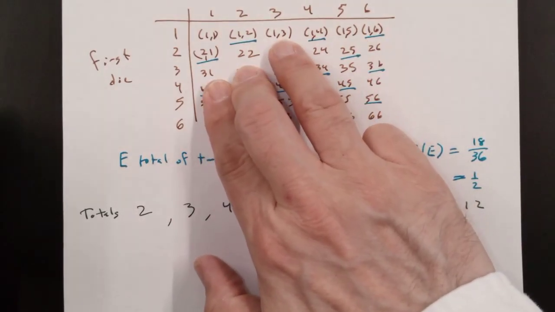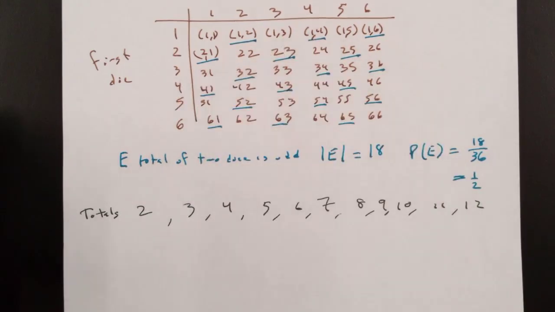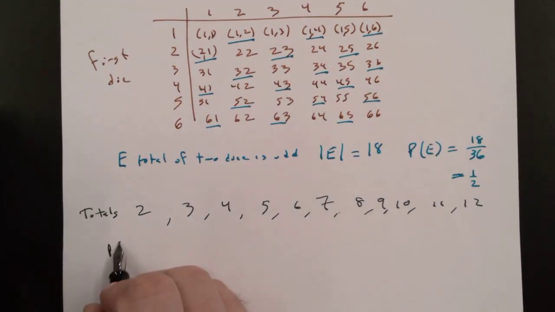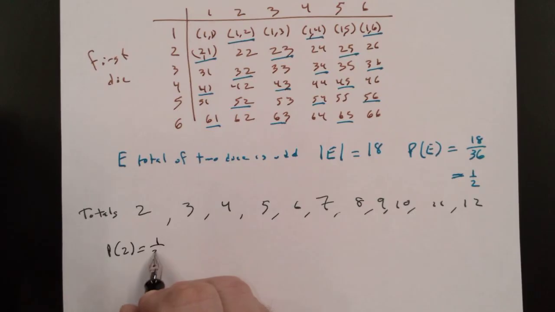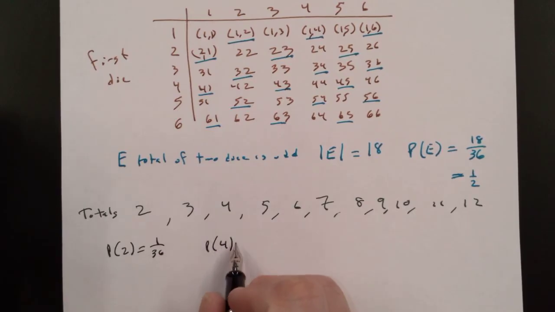There are 3 options that come up to a 4. As a matter of fact, that tells me that these outcomes are not equally likely. And so I couldn't just count these outcomes.